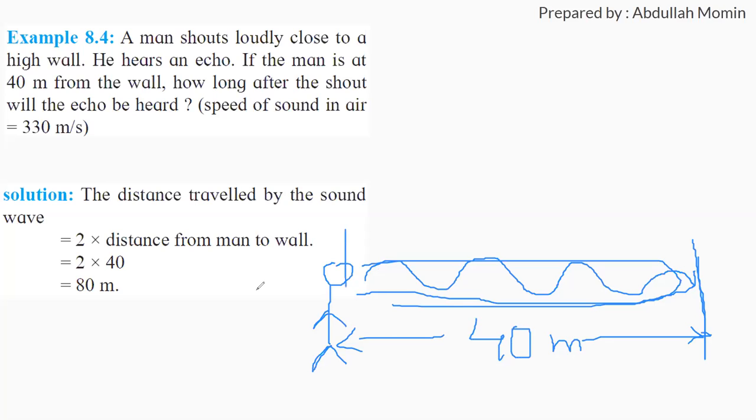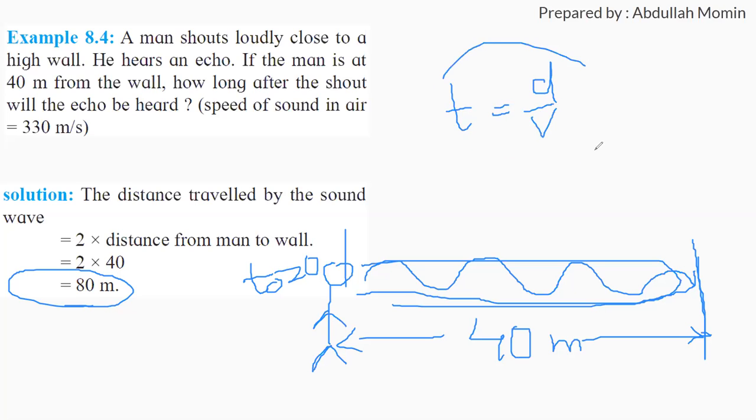Now suppose he shouts at time t0. So how much time has been taken to cover a distance of 80 meters by the sound wave? We know that time is equal to distance upon speed. So we are going to use this formula.